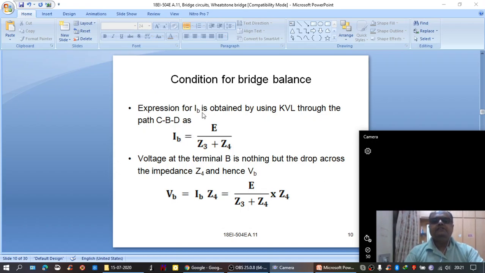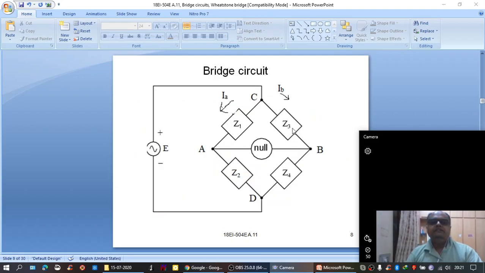Similarly, the expression for VB is obtained by using KVL through the path CBD.